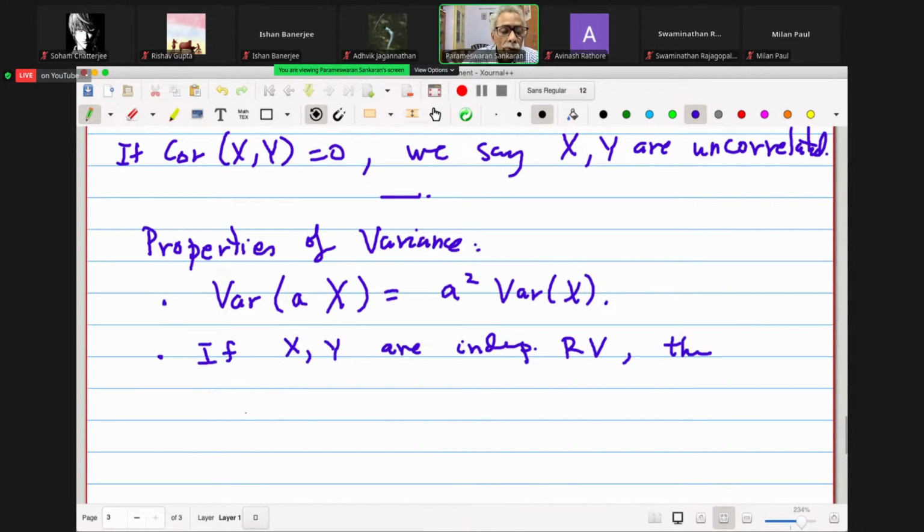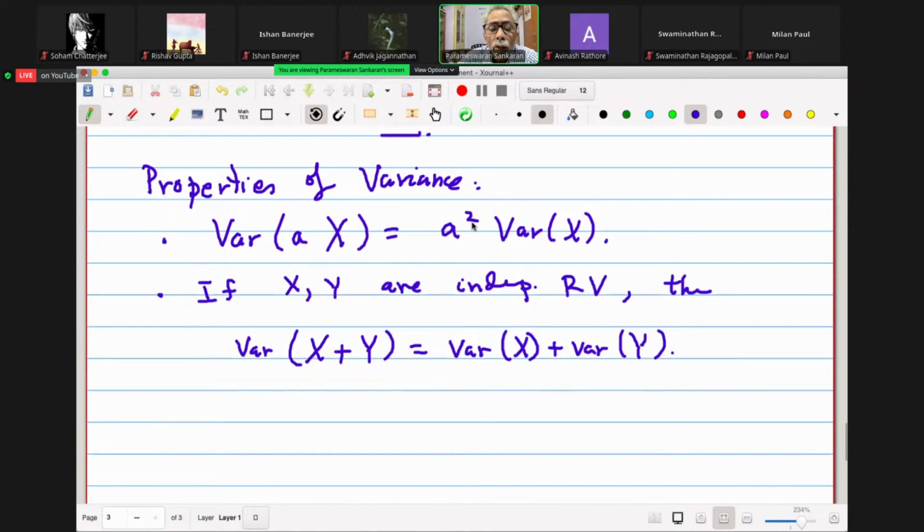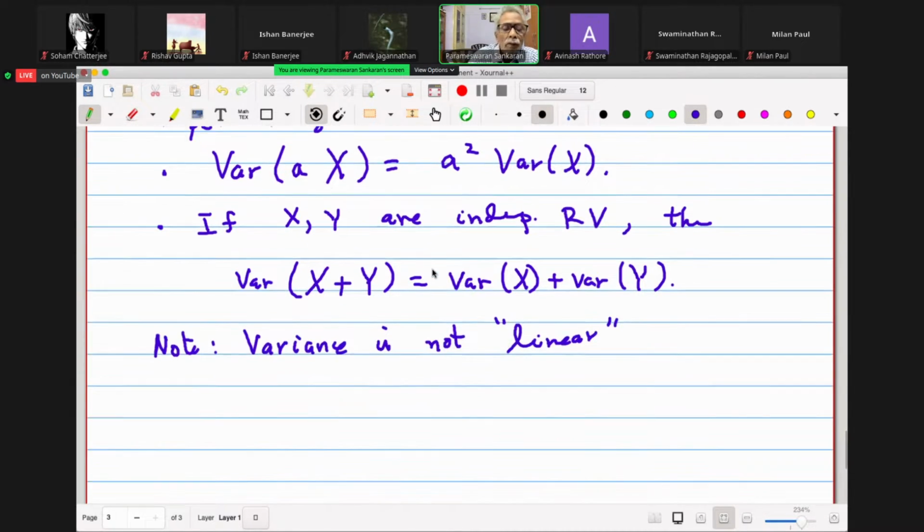Then the variance of X plus Y, this is an extremely useful formula, is equal to the variance of X plus the variance of Y. Note that because of the square here, variance is not linear. Even the variance of 2X becomes 4 times the variance of X. It's not 2 times.